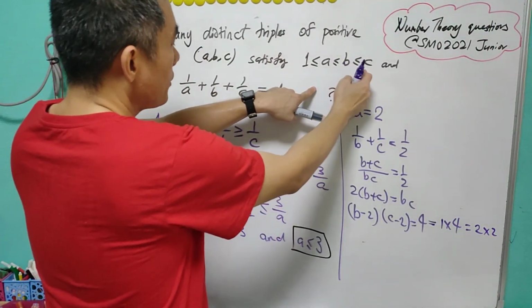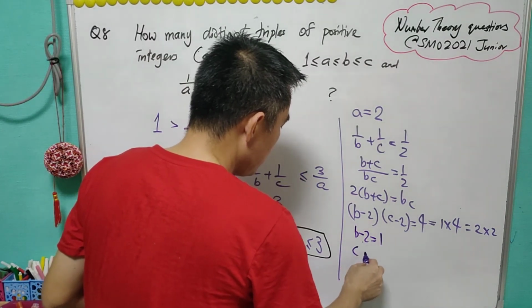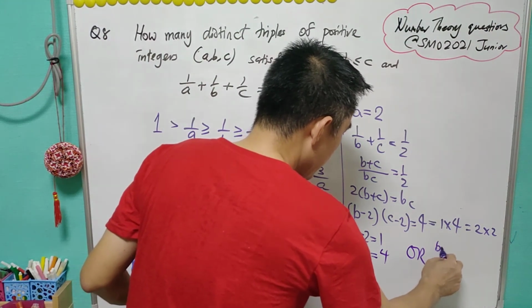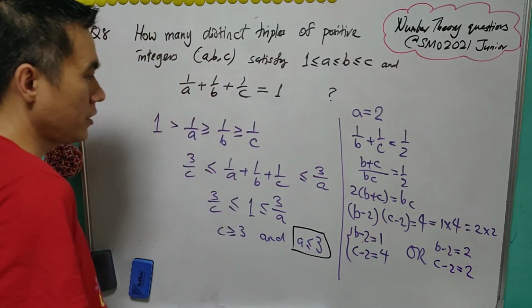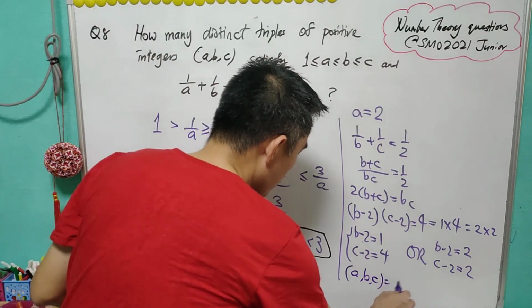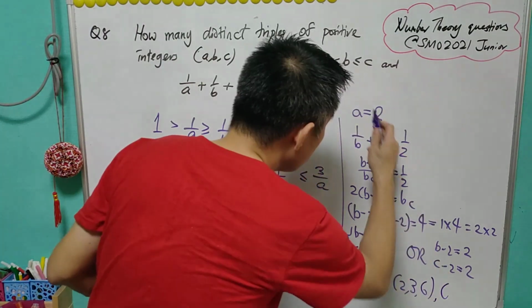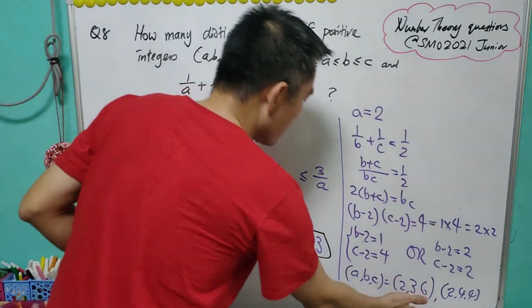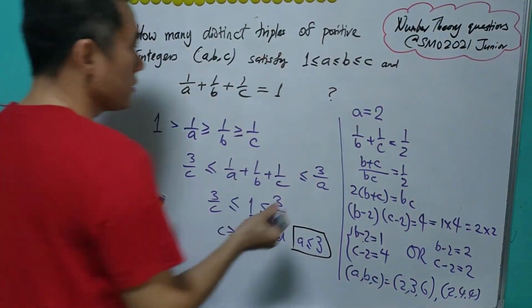Since B is smaller than C, we will have B minus 2 equals 1 and C minus 2 equals 4, or B minus 2 equals 2 and C minus 2 equals 2. So in this case, A, B, C equals 2, 3, 6 or 2, 4, 4. If A equals 2, we have two different solutions. Now, what happens when A equals 3?